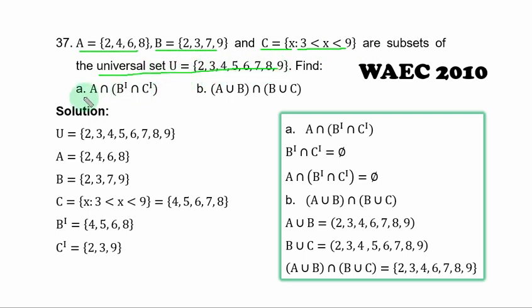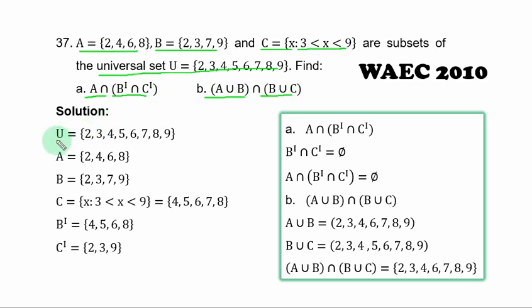Find A part of the question: A intersection, bracket open, B complement intersection C complement, bracket close. B part: bracket open, A union B, bracket close, intersection, bracket open, B union C.